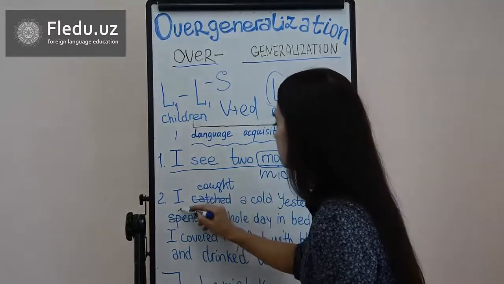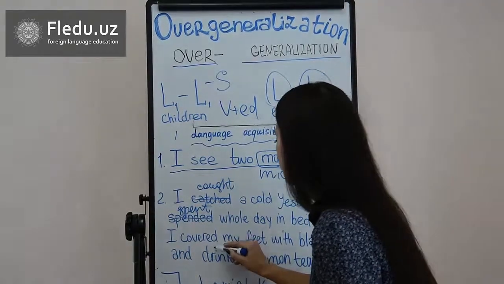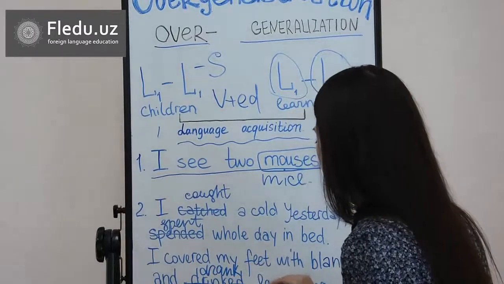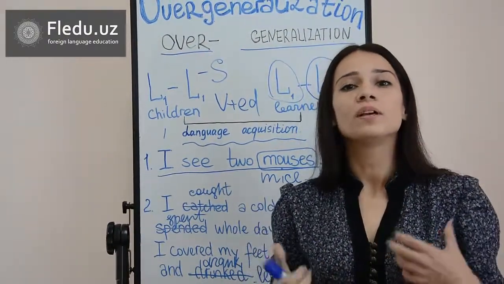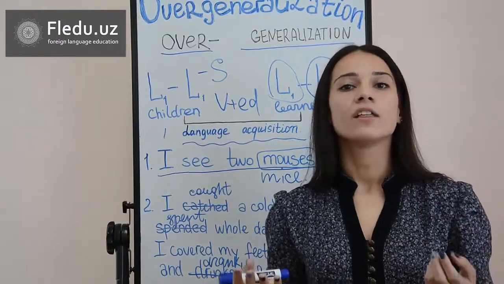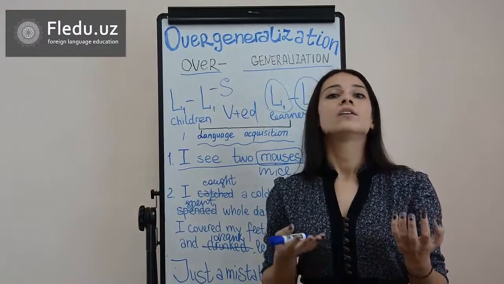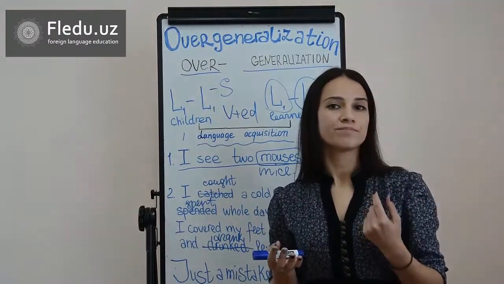Here must be spent. Here must be drank. Why does it happen? You might not have learned yet that some verbs are irregular and they have different forms of making past tenses.